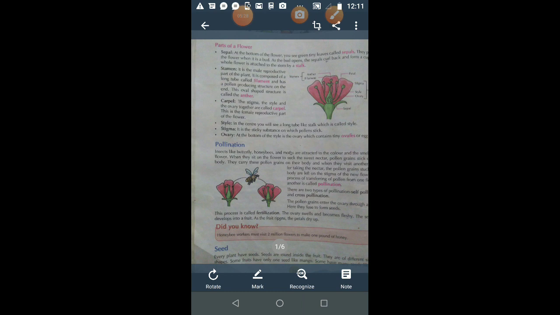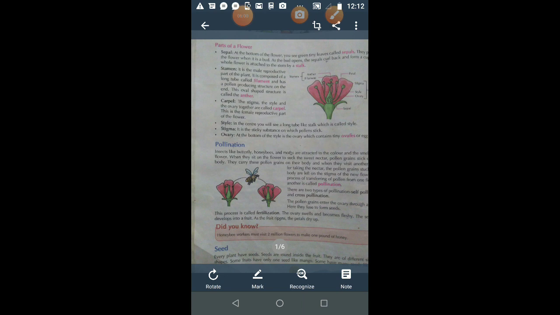Please follow my technique. What I am telling you: diagram is the best method of understanding biology. You make a diagram of a sepal, and in front of that diagram label it sepal, and then write what is the function of a sepal, why the sepal is in the flower.